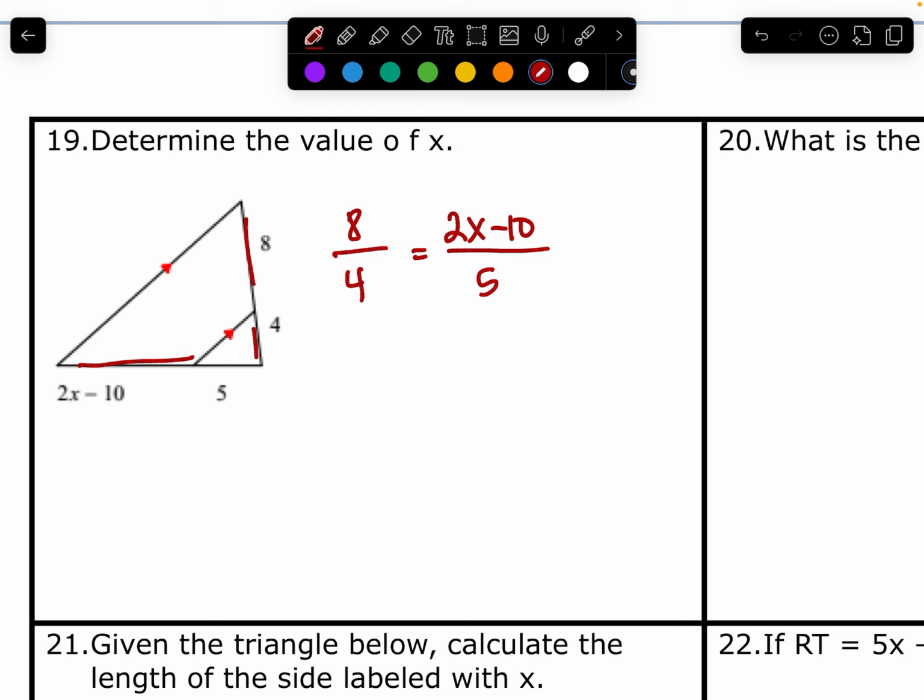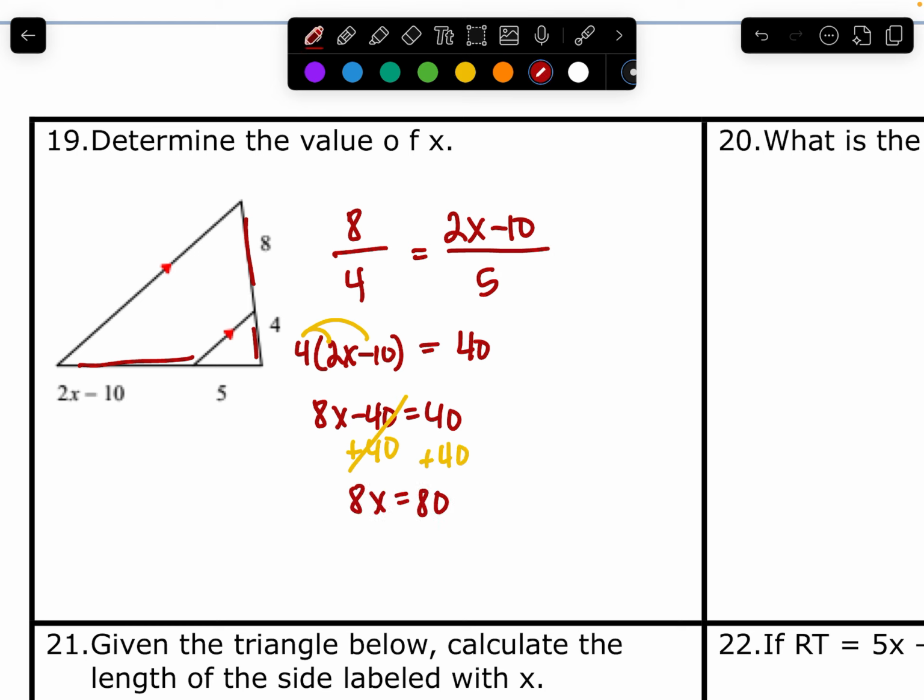So we get 8 times 5, which is 40. Then 4 times 2x minus 10. We can distribute the 4, so that would be 8x minus 40 equals 40. We can add 40 to both sides, which gives us 8x equals 80. Then divide both sides by 8, and that gives us x equals 10.